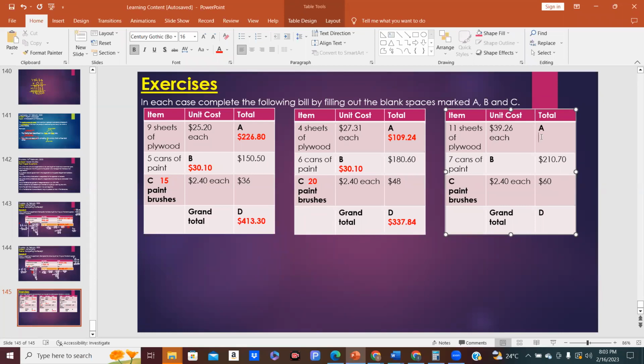Say it again. $431 and 86 cents. Okay, good. That's correct. And for B, what did you get? $30.10. She's correct again.